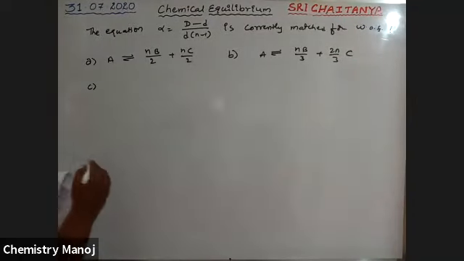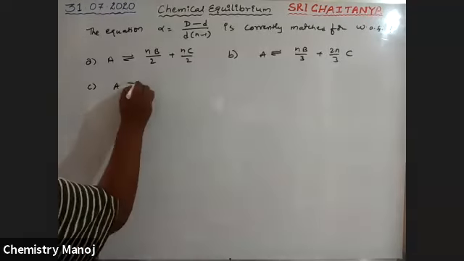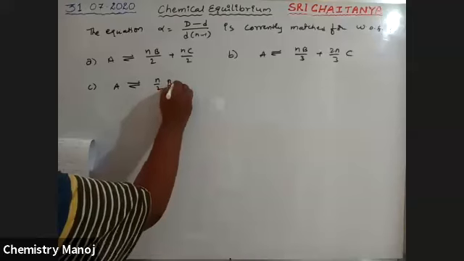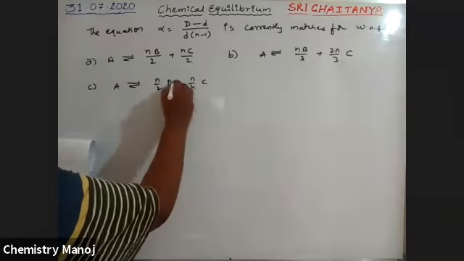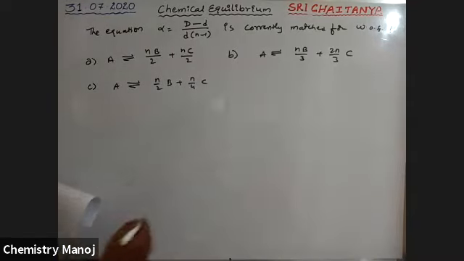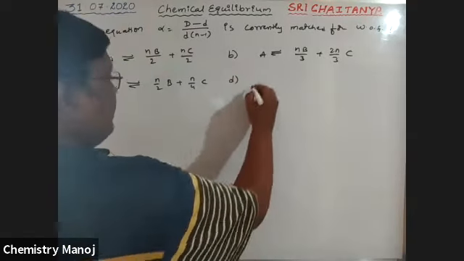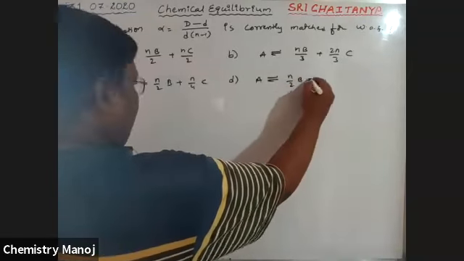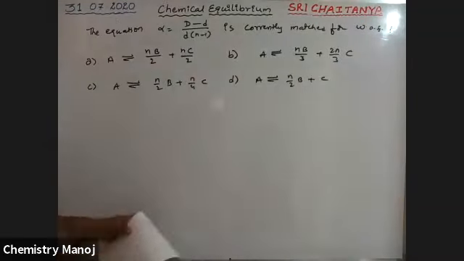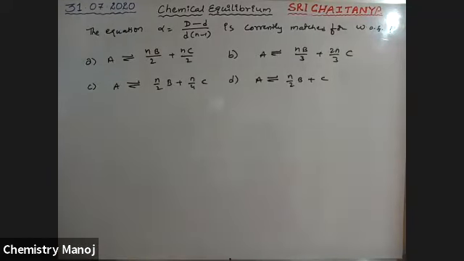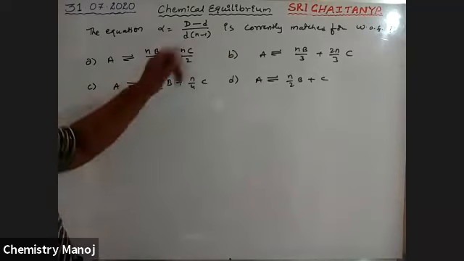C is equal to A reversible with n by 2 B plus n by 4 C. D is equal to A reversible with n by 2 B plus nC. Among all these, which one is correctly matched for this formula?